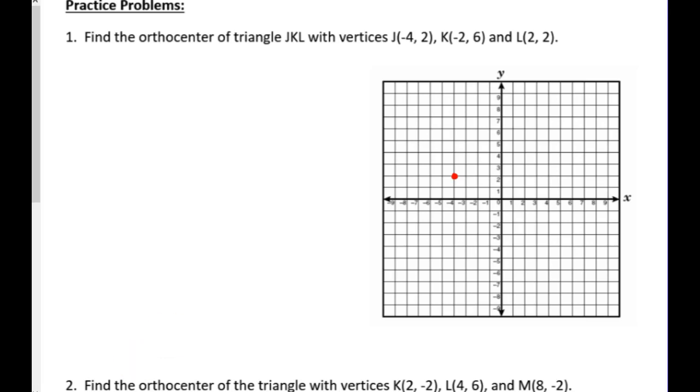So we're plotting J, K, and L. Use your straight edge to make that triangle and label it J, K, L.